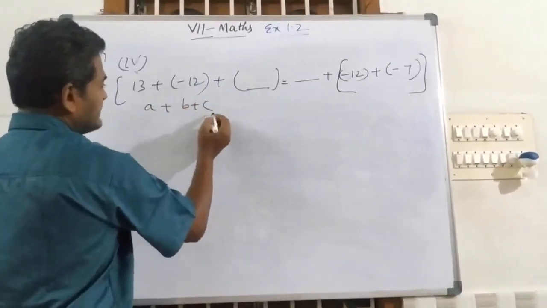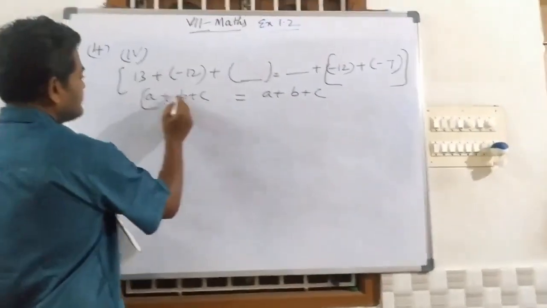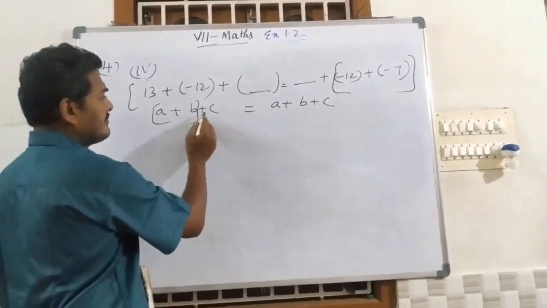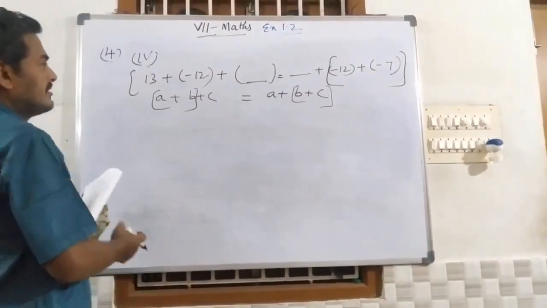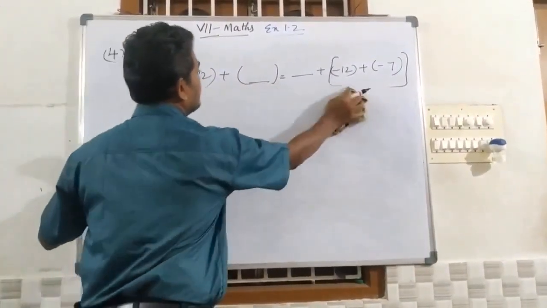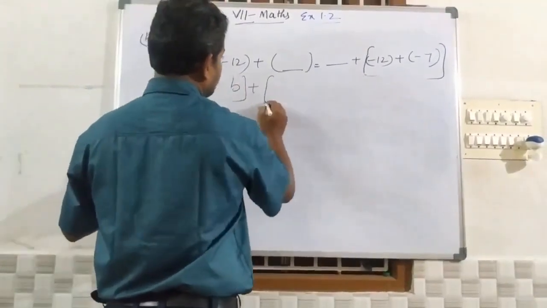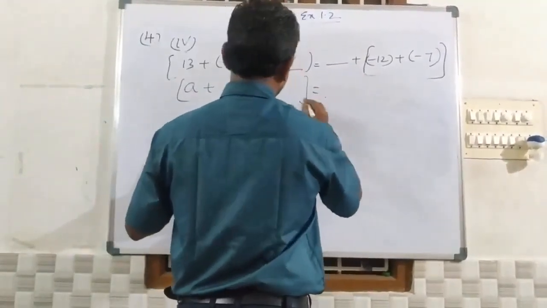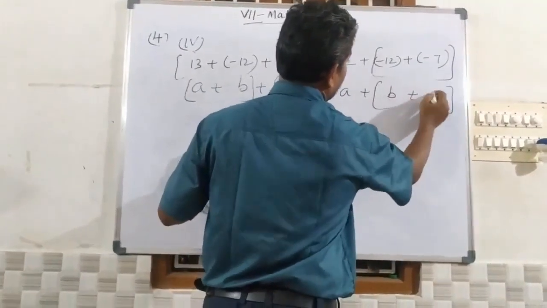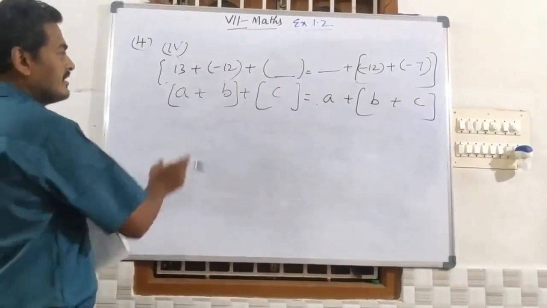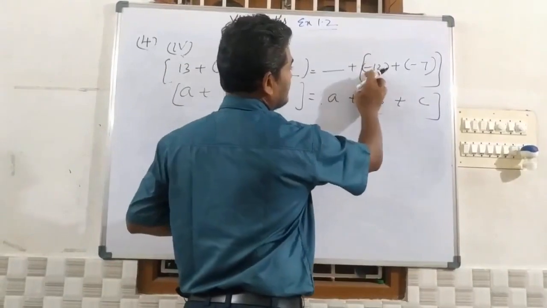A plus B plus C equal to A plus B plus C. Here, A plus B, plus C equal to A plus B plus C. If you write it expanded a little bit: A plus B plus C equal to A plus B plus C.